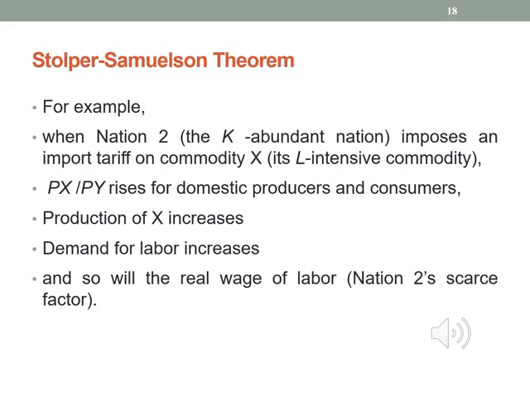If you remember, we have assumed that nation 1 is the labor abundant nation and nation 2 is the capital abundant nation. Good X is the labor intensive good and good Y is the capital intensive commodity. So let's here in our example assume that we have nation 2, which is the capital abundant nation, that imposes an import tariff on its imports of commodity X, which is the labor-intensive commodity.